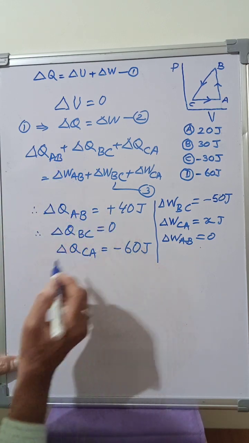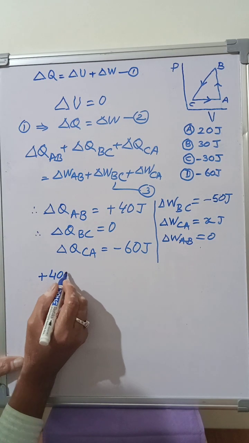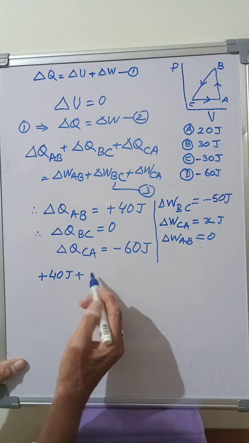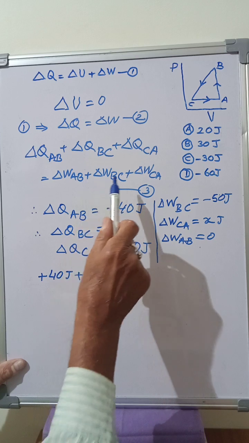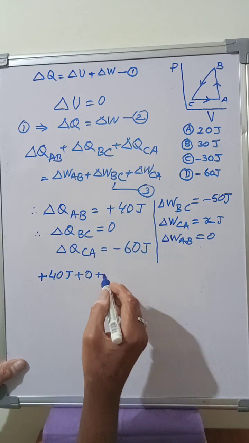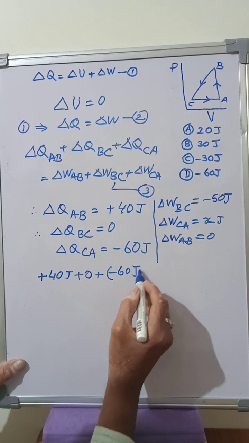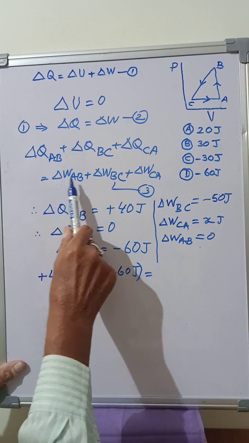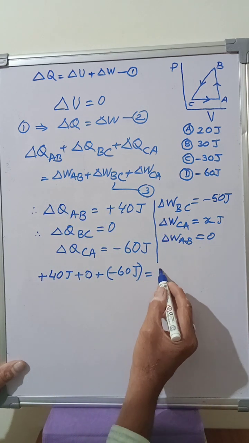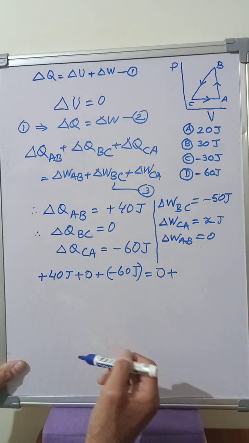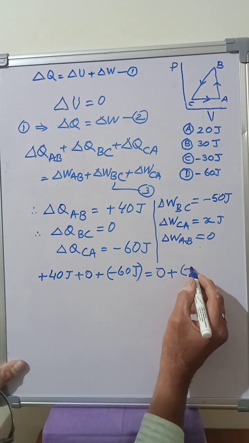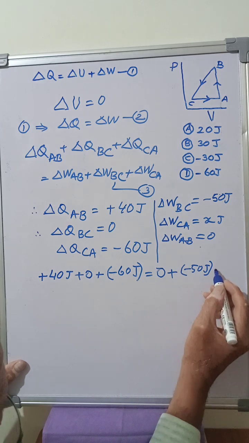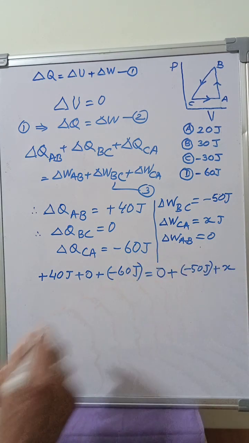Delta Q AB is equal to plus 40 joules, plus delta Q BC, which is equal to 0, plus delta Q CA, which is equal to minus 60 joules, is equal to delta W AB, which is equal to 0, plus delta W BC, which is equal to minus 50 joules, and plus delta W CA, which is equal to X joules.